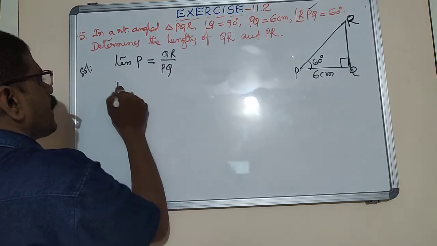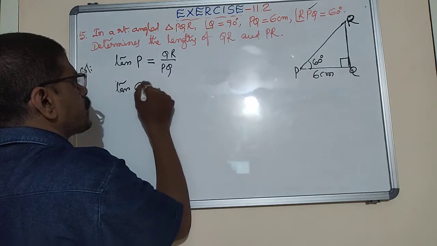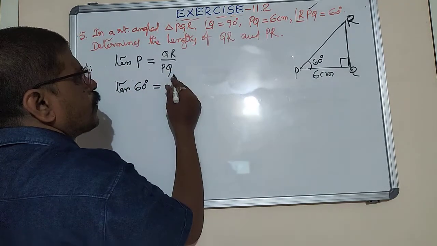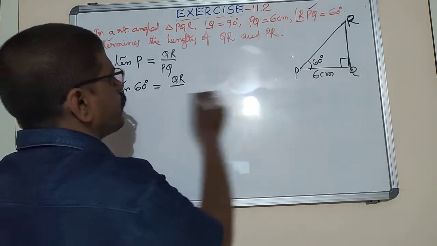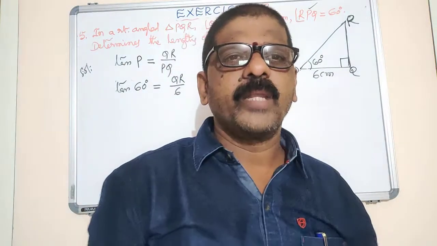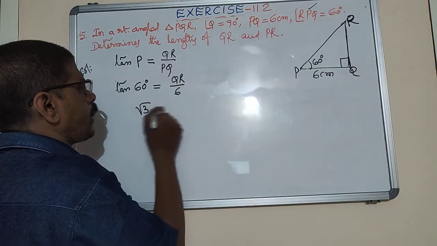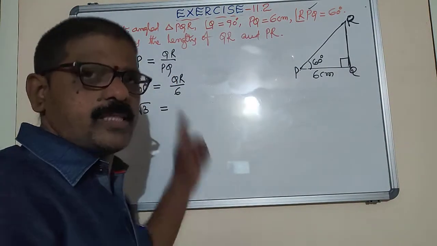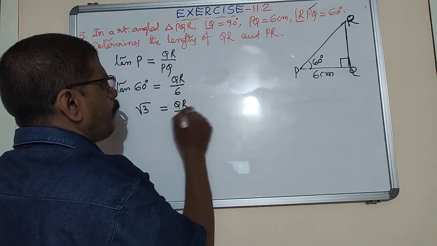Tan P is indicated for which angle? 60 degrees. So tan 60 equals QR by PQ, and PQ is given to be 6. Clear? What is the value of tan 60? Tan 60 is root 3. Now we can write root 3 equals QR by 6.